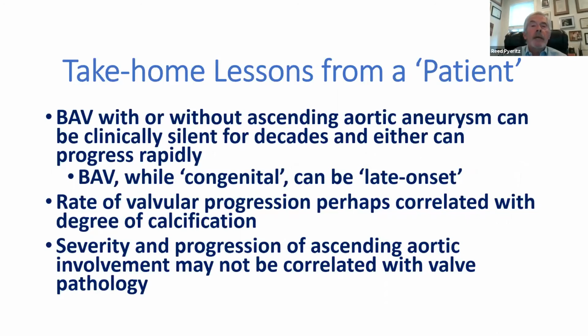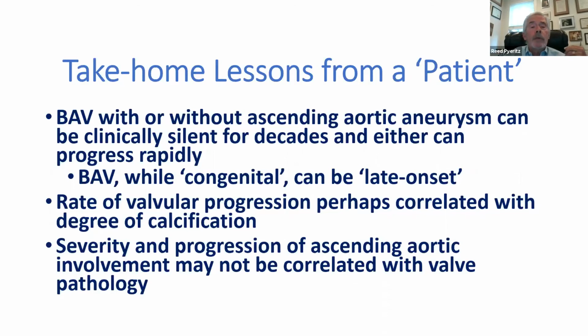The rapidity with which the abnormality of the valve, both in terms of constriction and leakage, progresses is probably correlated with the amount of calcification that's present. Not that everybody has calcification, but I sure did.